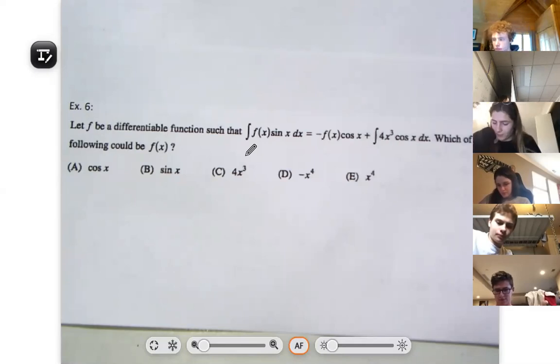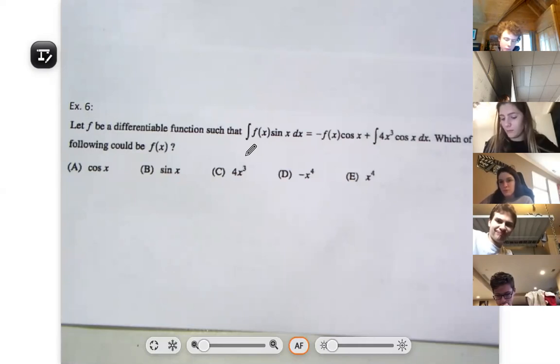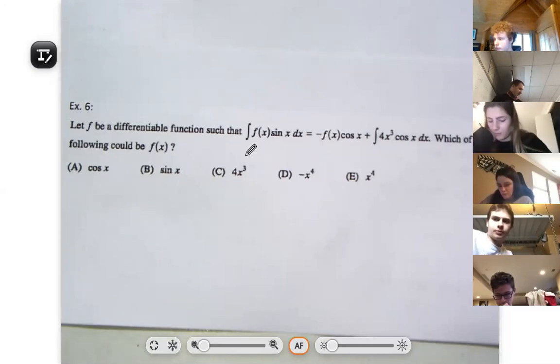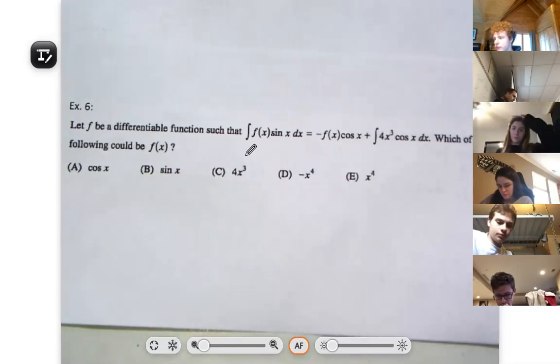I put D. Yeah, I got E. It's because of the negative f of x. Because you subtracted. It turned into a plus sign before the integral. If it's a plus sign, it has to be a double negative. Yeah, that's what I put for D.